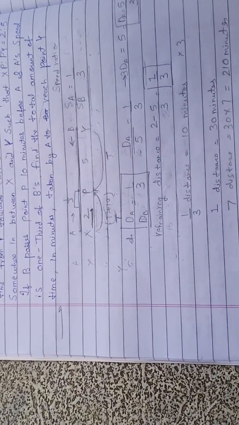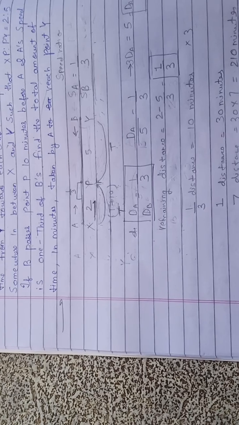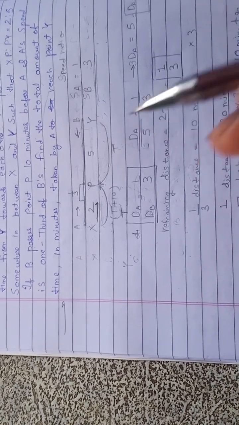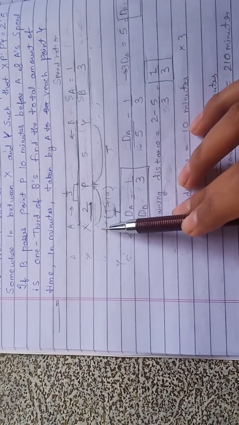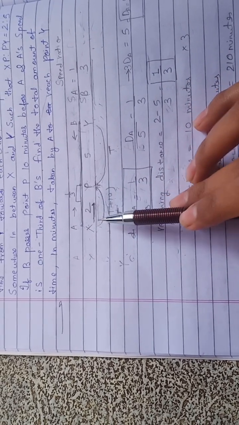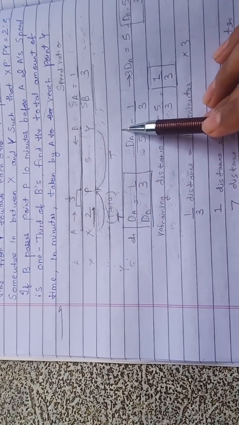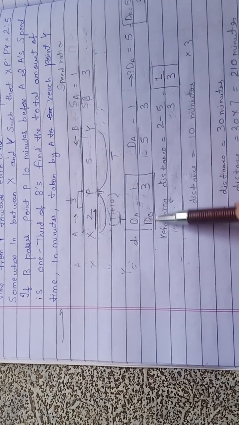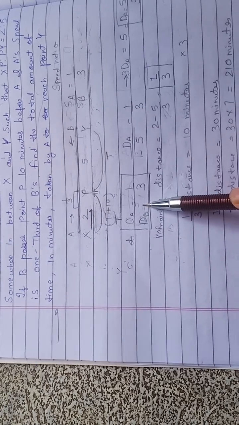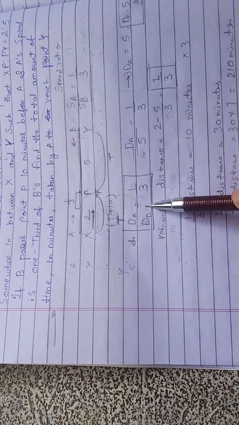Because I'm explaining and talking a lot, it's taking time, but this thing is very simple. We have just made it equal, right? So T is equal, time is constant, the speed ratio is equal to the distance ratio, and we got the distance ratio.